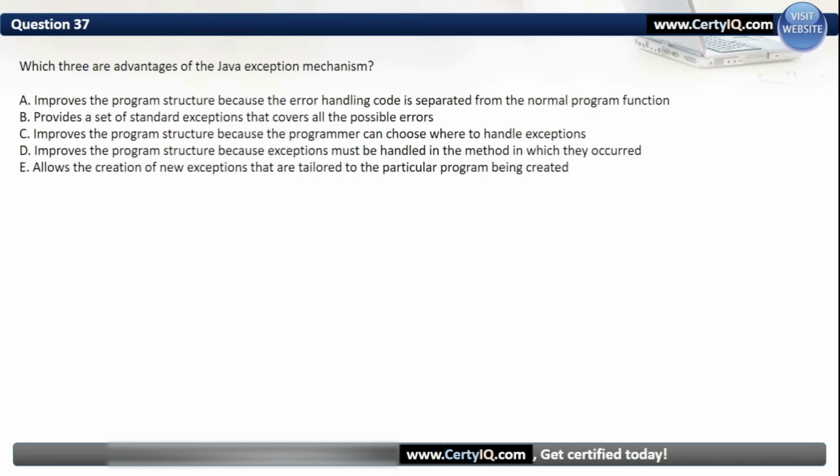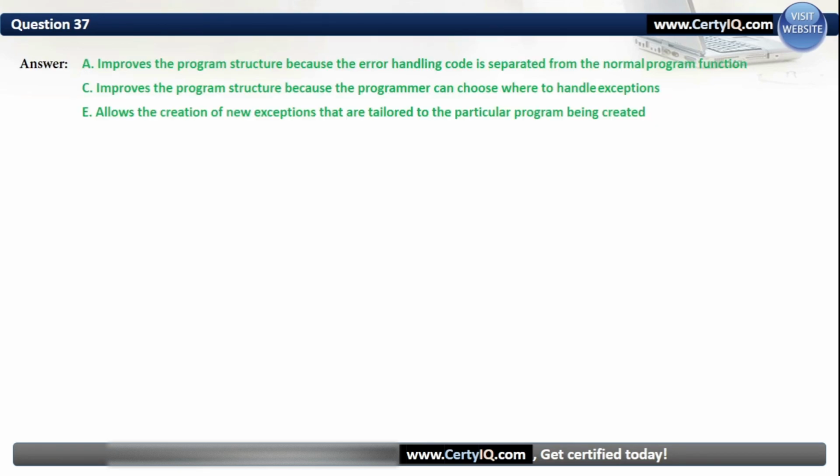Or E. Allows the creation of new exceptions that are tailored to the particular program being created. The correct options are A, C, and E: improves the program structure because the error handling code is separated from the normal program function, improves the program structure because the programmer can choose where to handle exceptions, and allows the creation of new exceptions that are tailored to the particular program being created.